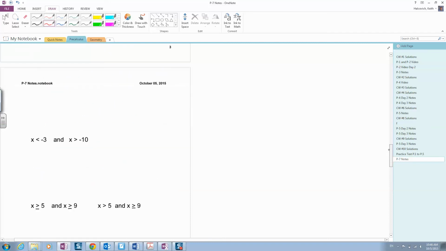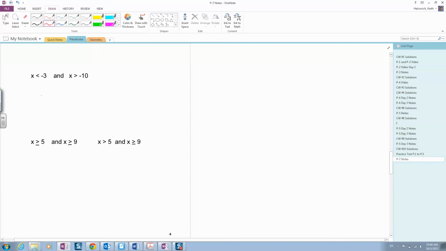All right. So let's look at this one. This is an and statement. Here's negative 10. Here's negative 3. It goes greater than, or sorry, less than negative 3. Went the wrong way. And greater than negative 10.